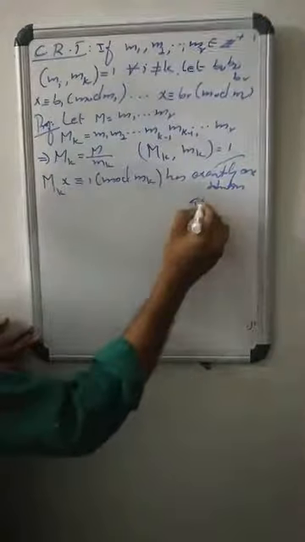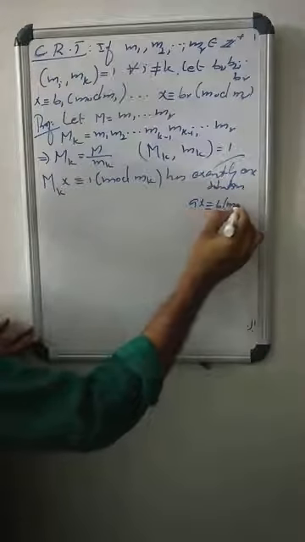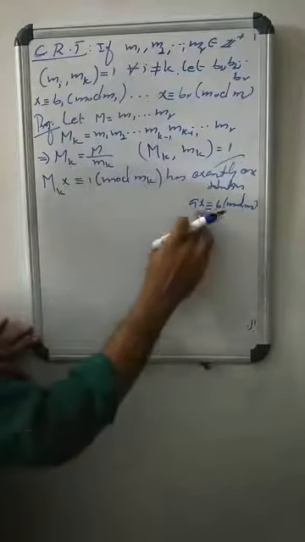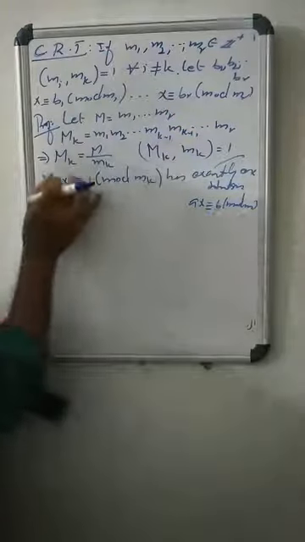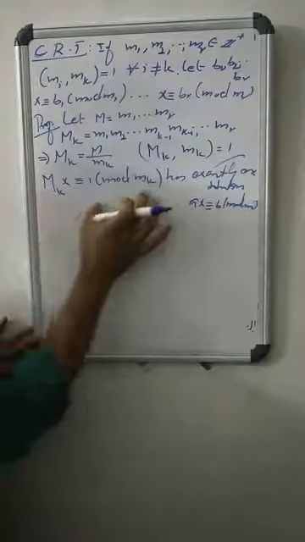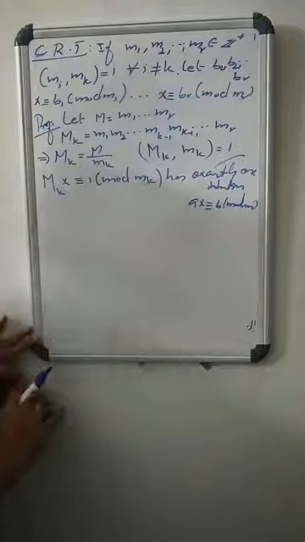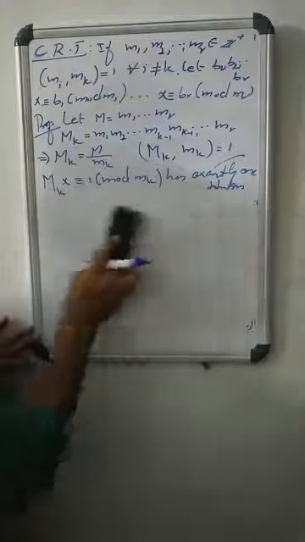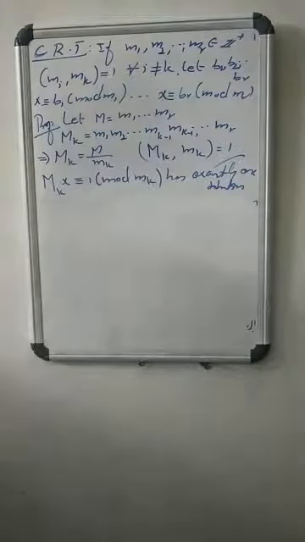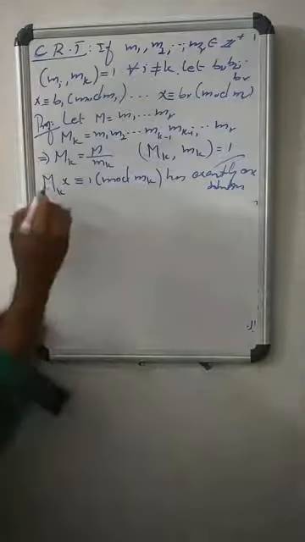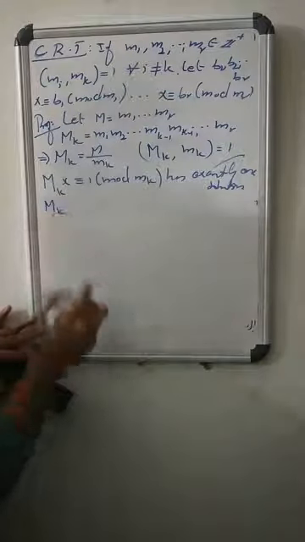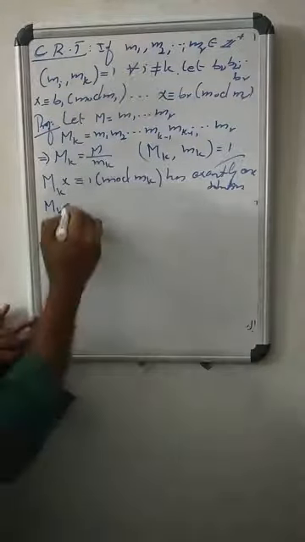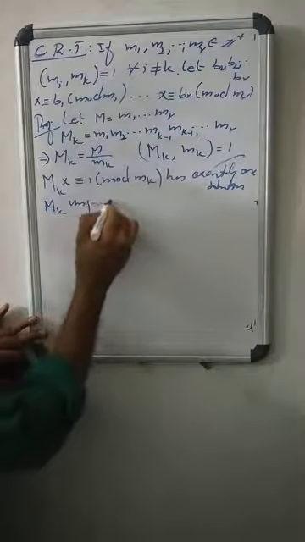Here Mk and mk are relatively prime. Then the congruence relation Mk x ≡ 1 mod mk has exactly one solution. That means Mk has a unique reciprocal.